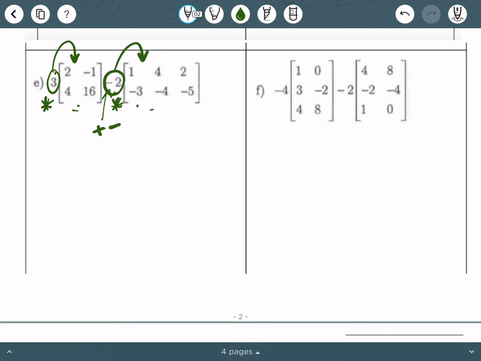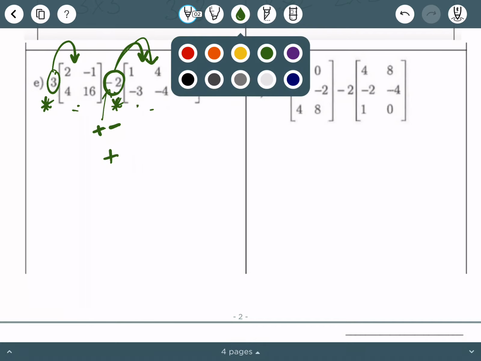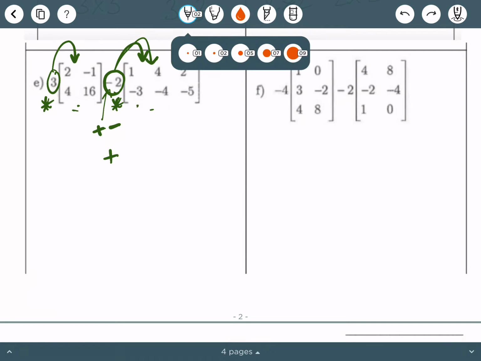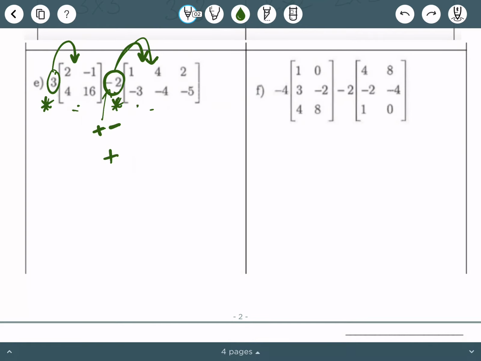If I multiply the negative 2 into here, then I'm going to be adding them because I already used the negative. If I just was to take the 2 and multiply it in, then I would be subtracting. But I don't really like subtracting. That's an extra step for me. So I'm going to go ahead and do the green step. And I know that at the end, I'm going to be adding these two things together.